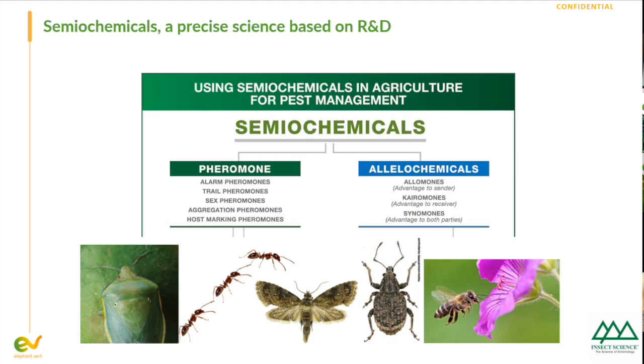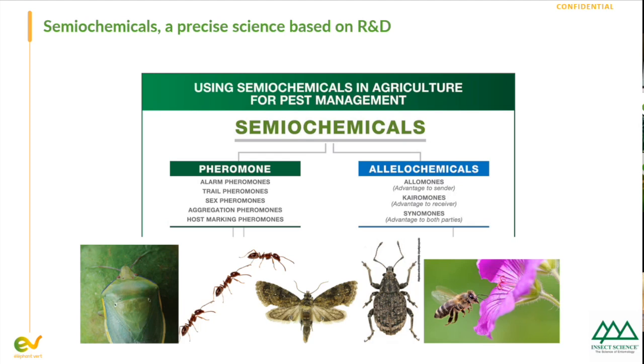Okay, so semiochemicals can be broken up into two main parts, either pheromones, which is the communication between individuals of the same species, or allelochemicals, which is the communication between individuals of separate species. A good example of this is a fruit or a tree. As the fruit ripens, it starts giving off different scents.